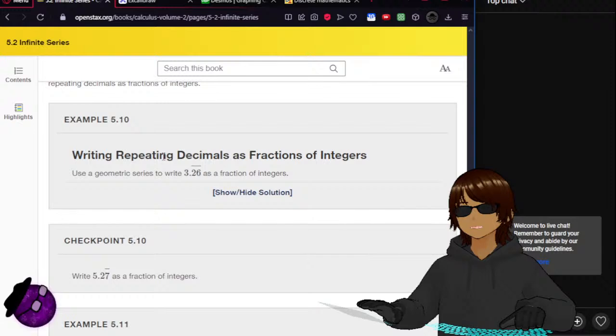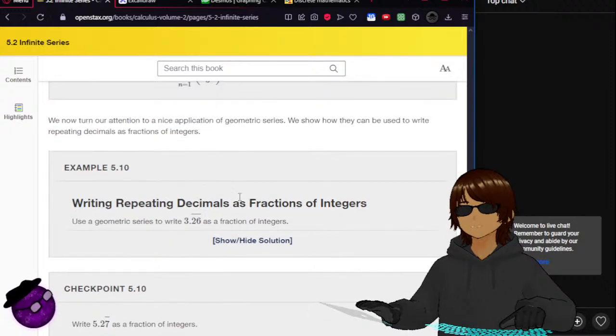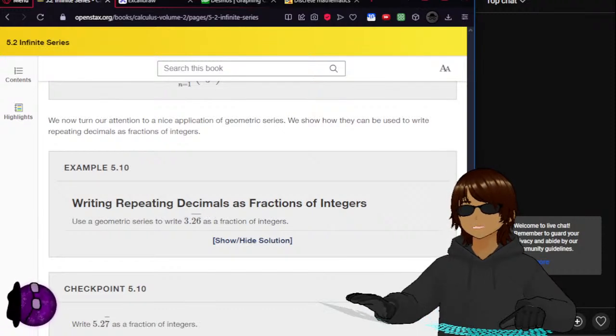Writing repeating decimals as a fraction of integers. Use a geometric series to write 3.262626 as a fraction of integers.